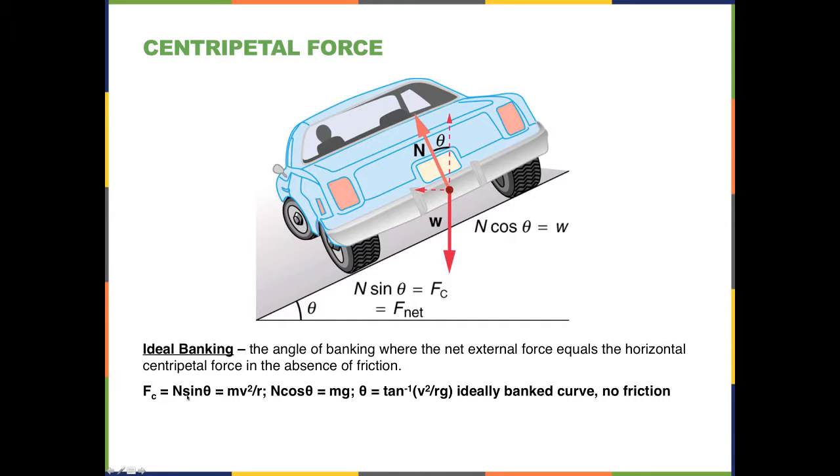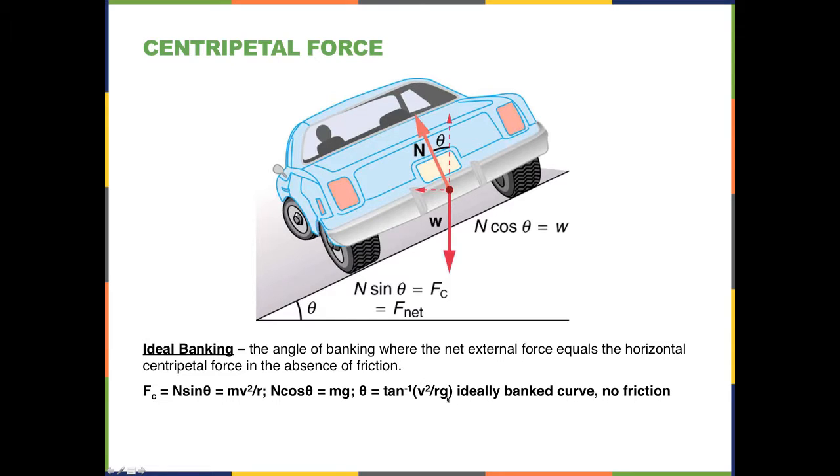So if you set those equal to each other, you end up with n sine theta over n cosine theta equals mv squared over r, over mg.